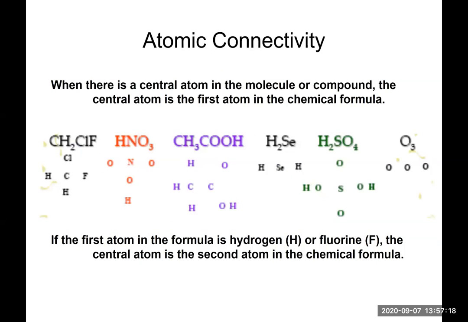If we look at the connectivity of these particular structures and we evaluate the chemical formula, typically in a chemical formula, the first atom to be written is going to be the central atom in the Lewis dot structure, unless it's starting with a hydrogen. If it's starting with a hydrogen, remember hydrogen can never be central, so we go to the next atom in the chemical formula to see what is going to be central.